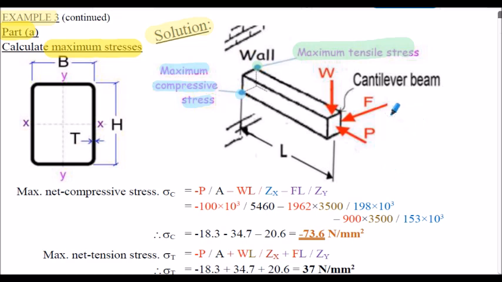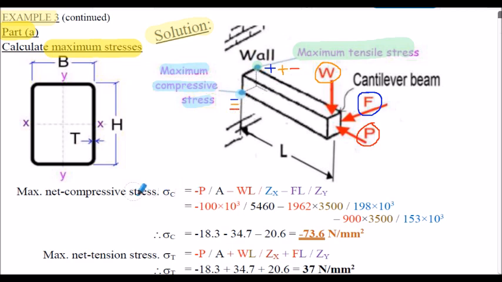If you think of the applied bending, force F here would produce tension at this point here, but compression at this point here. Force W would produce tension at this point here and compression at this point here. And the actual force P produces compression at this point here and of course compression at this point here.